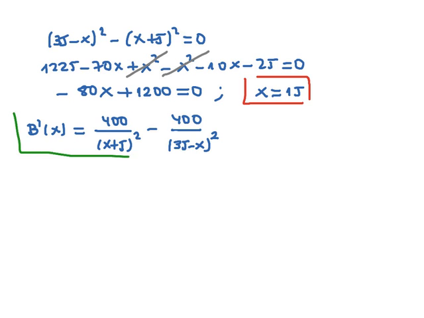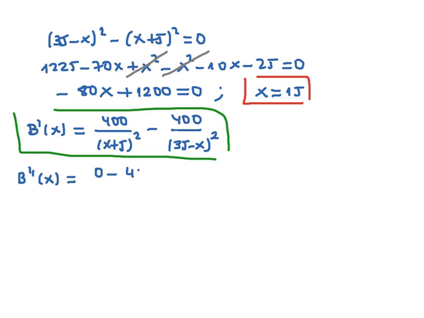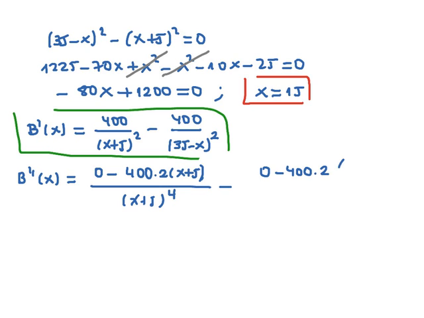Here we have the first derivative, and the second one is derivative of the numerator 0 times the denominator minus numerator times derivative of the denominator, over the denominator squared.